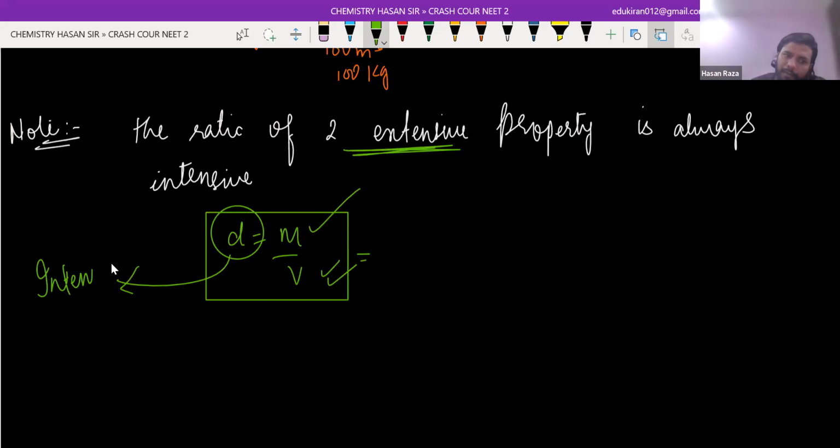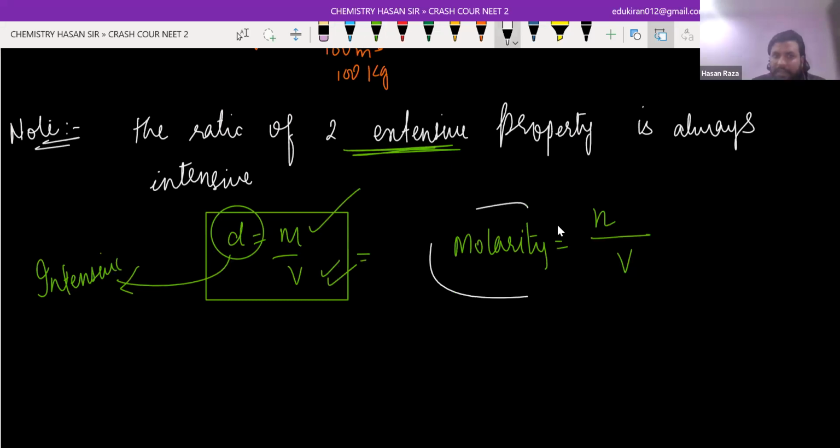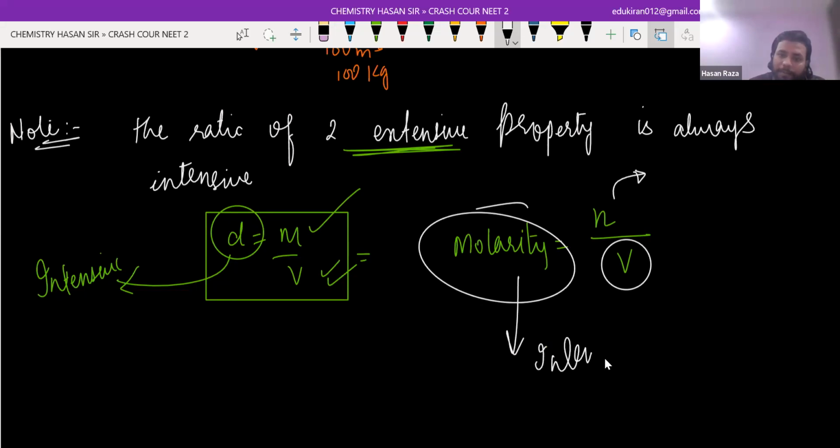Always remember that. If I ask you about molarity, you know it is number of moles of solute upon volume of solution in liter. If you don't know whether a property is intensive or extensive, and you know the formula, just write it. Number of moles is extensive, volume is also extensive, and the ratio of two extensive properties is intensive.